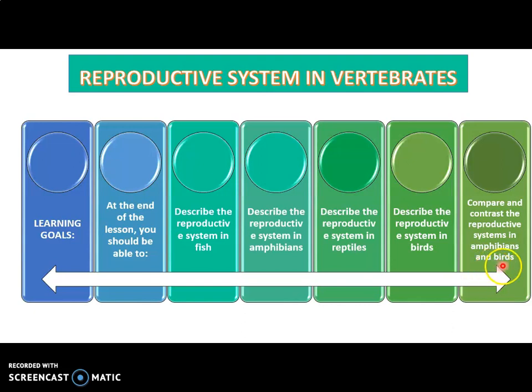Look at the advancement in the mode of reproduction, mode of fertilization, mode of mating, and the mating patterns. Look at all these things and identify their similarities and their differences as we start.